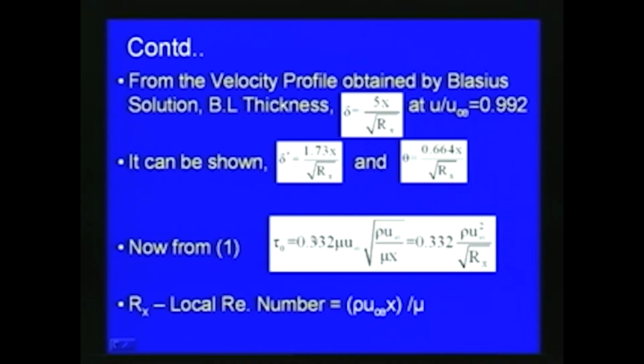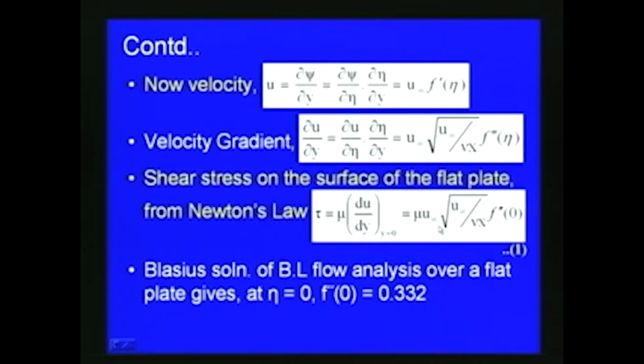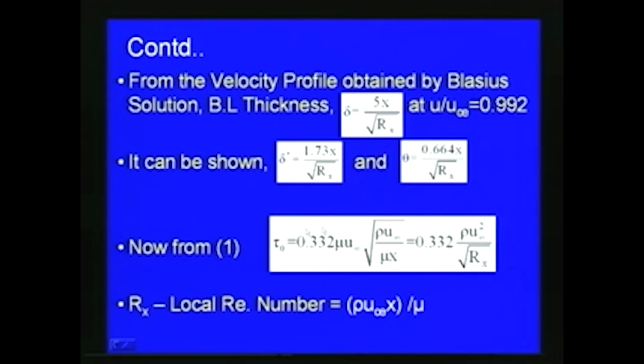So, now from equation number 1, we substitute and we can show that tau 0 is equal to 0.332 mu u infinity square root of rho u infinity by mu x. So, that is equal to 0.332 rho u infinity square by square root of R x, where R x is the local Reynolds number represented as rho u infinity x by mu.